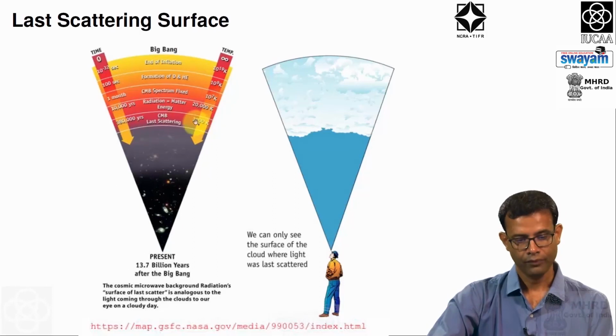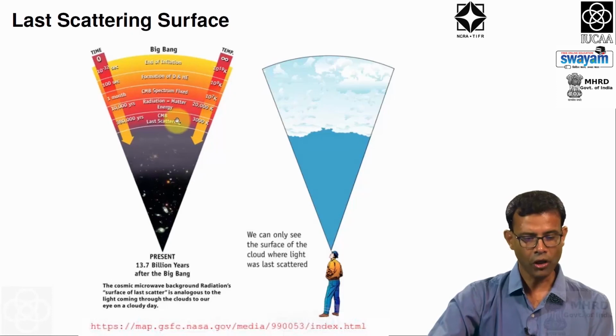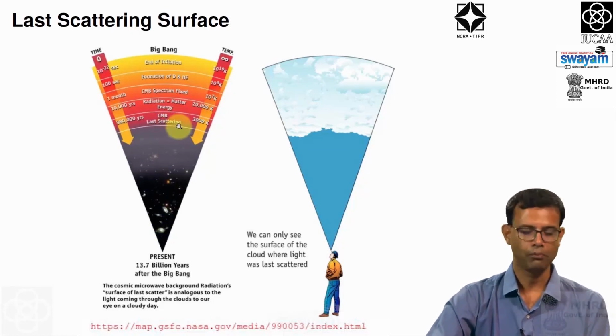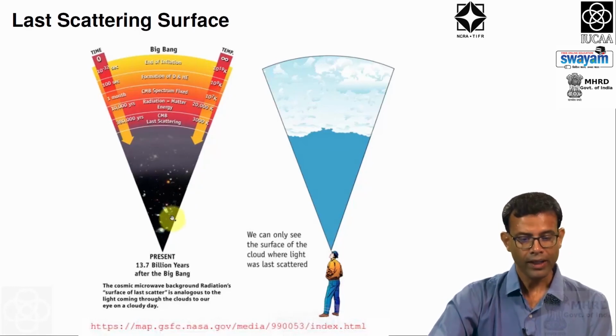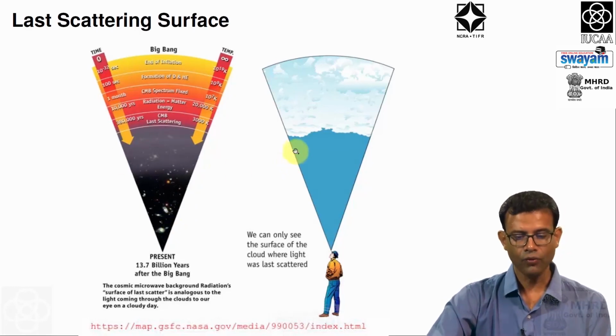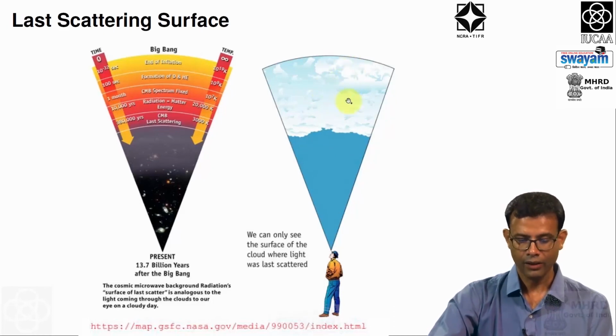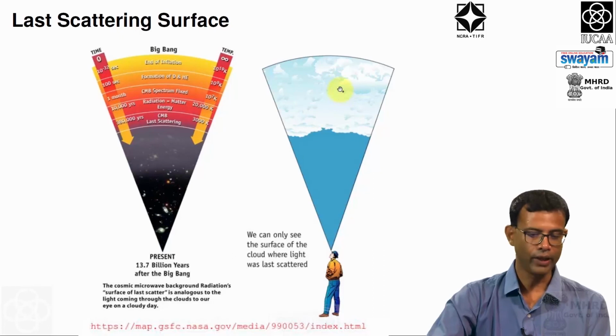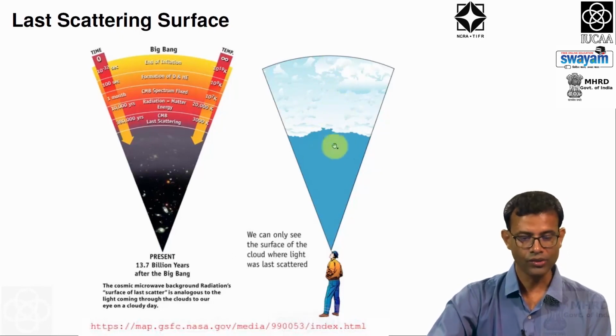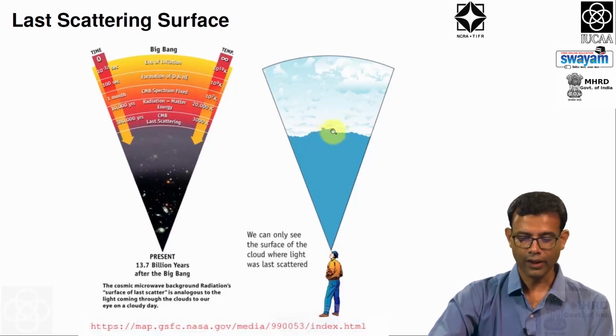Once you form atoms, the photons are not getting scattered and would have come to us directly from there without much interaction. This picture is very similar to when we look up at the sky and there are clouds. Within these clouds the light is constantly getting scattered off molecules within the clouds. Once it comes out of the clouds, it just reaches us.